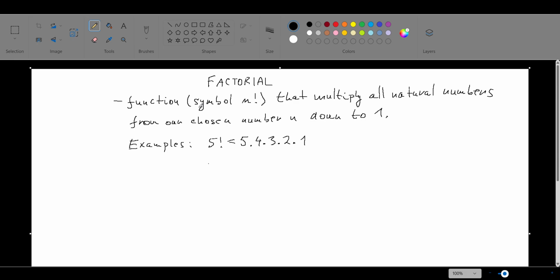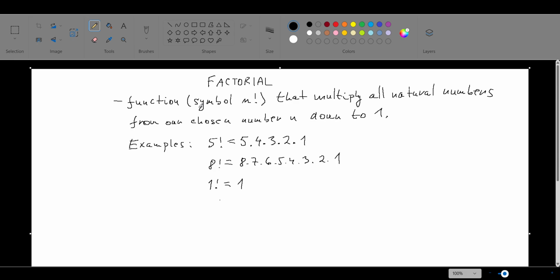For example, factorial 8 is equal to 8 times 7 times 6 times 5 times 4 times 3 times 2 times 1, and factorial 1 is equal to 1, because we start with 1 and multiply this just by nothing, so factorial 1 is equal to 1.